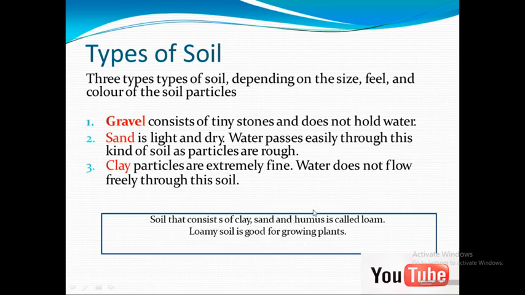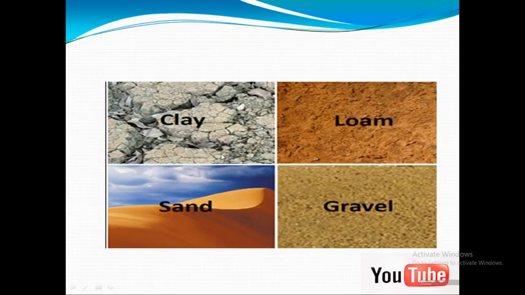Humus is rich in plant and animal debris. That means plants and animals, when they die, form a large amount of minerals which are helpful for the plant to grow. So these are some examples.